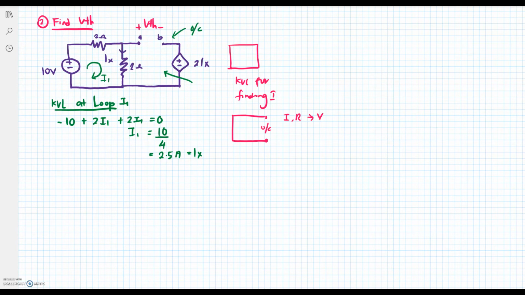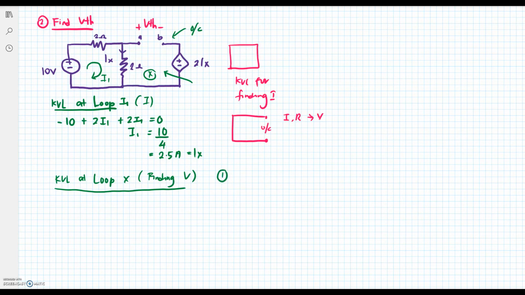what you have to do is do the KVL at loop X, finding V. This one is for finding a current. So now, what is the step?